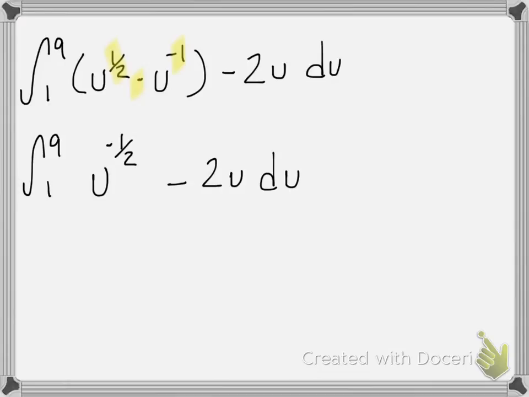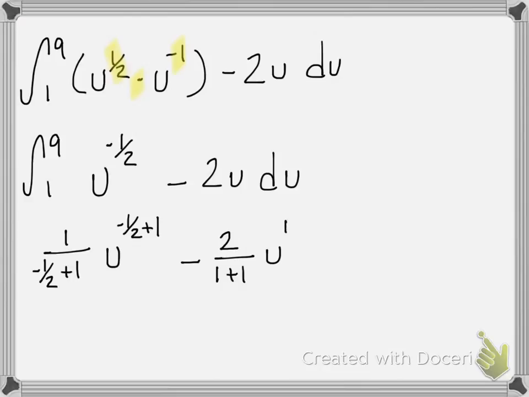So we just have 1 over our n, which is -1/2, plus 1, times u to the -1/2 plus 1, minus our 2 over u to the 1 plus 1, and the du will go away, and that is from 1 to 9.